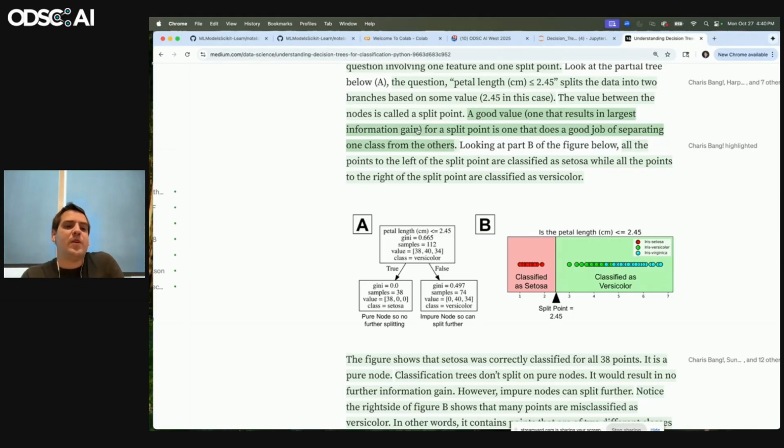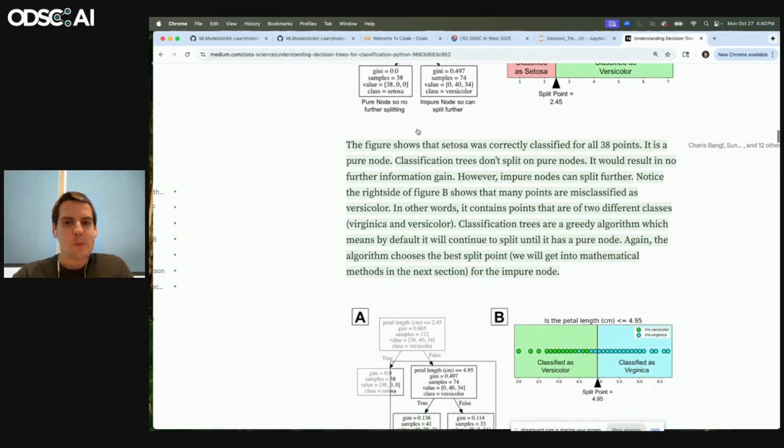Basically, if you have classes, you find a good point that splits the classes from each other. Ideally, if you have a really good split, you completely isolate one class from another. These models look at every feature and a variety of split points that result in the highest information gain for these classification trees. It's basically optimizing an equation.